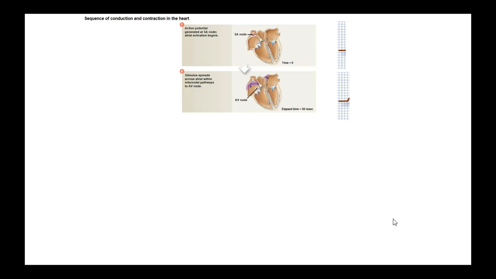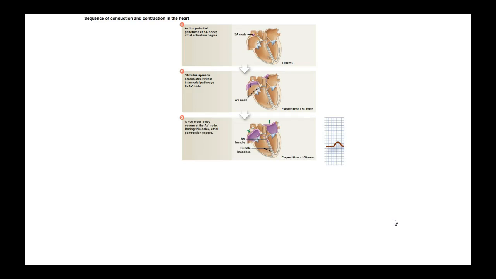The more tissue that the depolarization happens to, the larger the signal, the greater the deflection on the ECG trace. And so here, once we get all the atrial tissue to be depolarized, okay, then it's going to go back to the baseline.